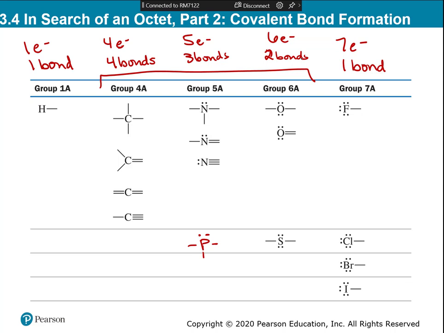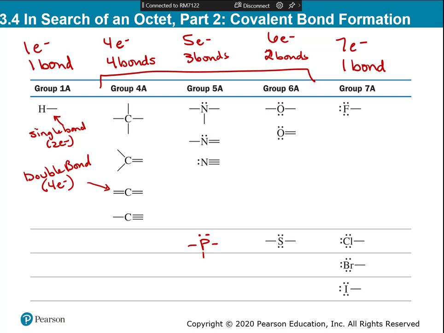So if you see a single dash, you remember that means it's a pair of electrons. If I have 2 dashes, that's a double bond. That represents 2 pairs of electrons, or a total of 4. Remember that that's the equivalent of 4 electrons, whereas a single bond is just 2 electrons.